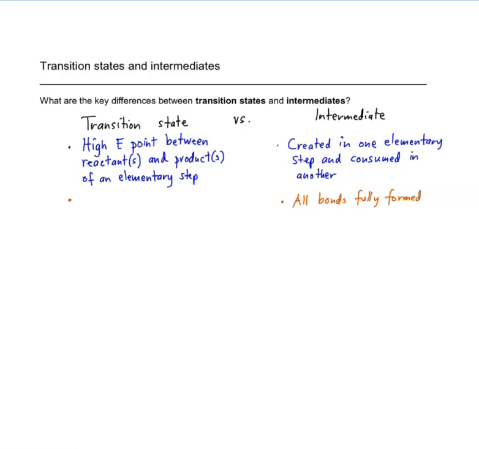It's either in the process of forming or it's in the process of breaking, but you'll have at least one of those. And what that means is that the bond or bonds is or are in the process of forming or breaking.